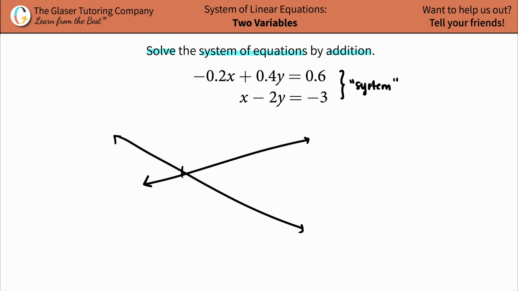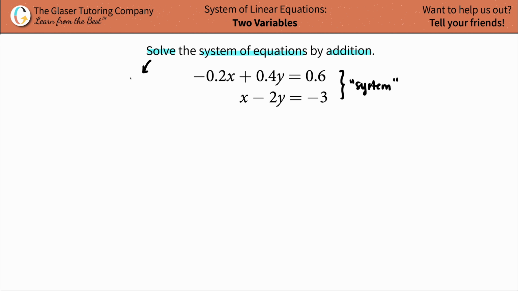It's the point in which they meet. X marks the spot. Since you're solving for where they meet, you're solving for a point. And a point consists of an x and a y value.